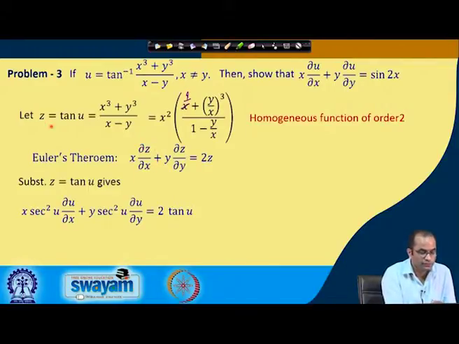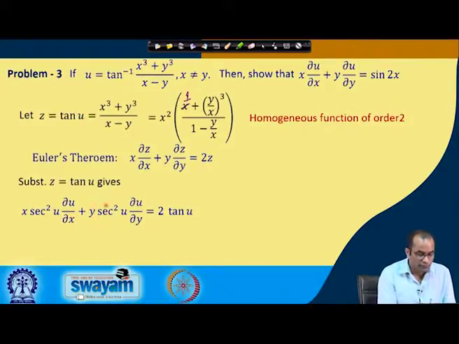We have z is equal to tan u, so del z over del x will be sec square u times del u over del x. The partial derivative of z with respect to x is taken exactly, but it is given in terms of u, so we get sec square u and then del u over del x.